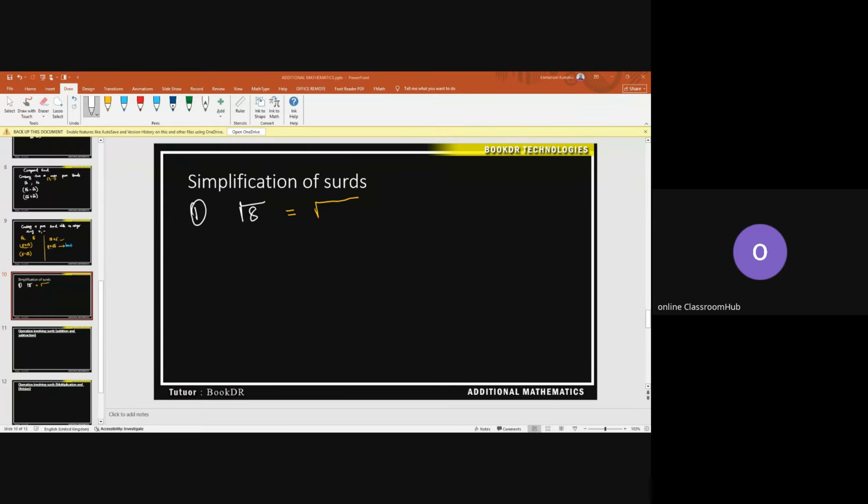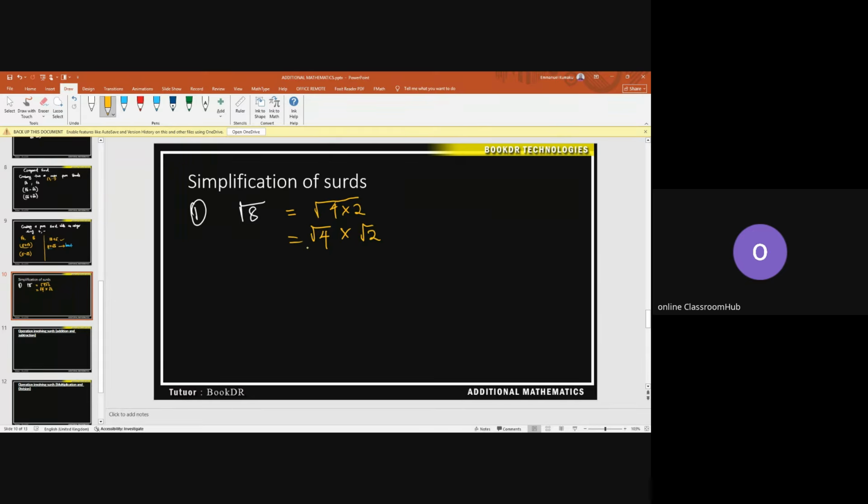And which one is a perfect square? 4. Okay, it's correct. So we can express our 8 as 4 times 2. By the property of sets, we can split this into two separate sets, two separate radical signs. So the square root of 4 multiplying the square root of 2.